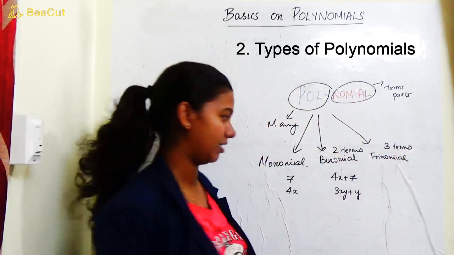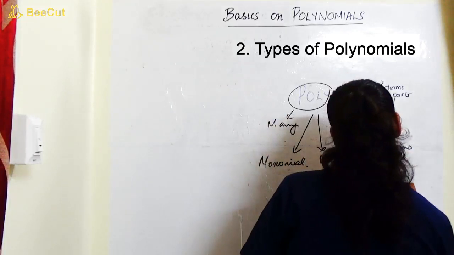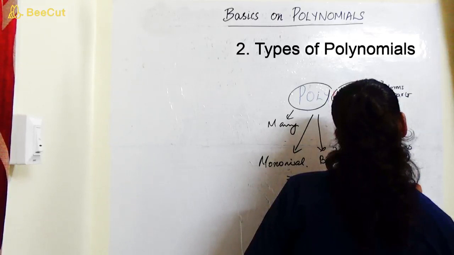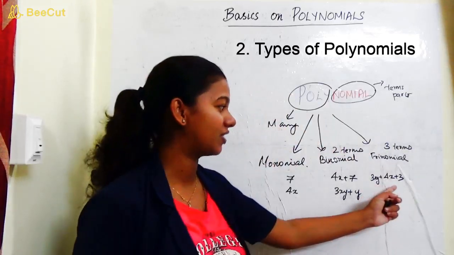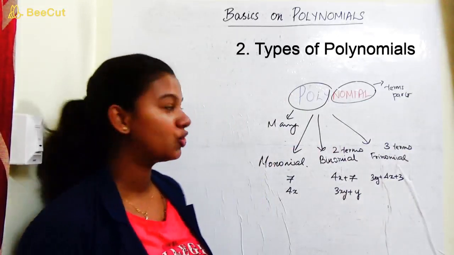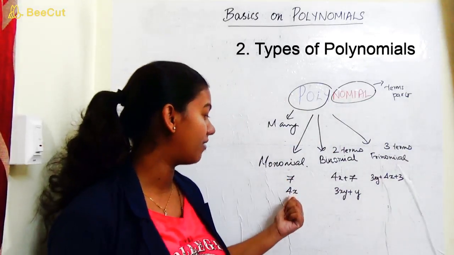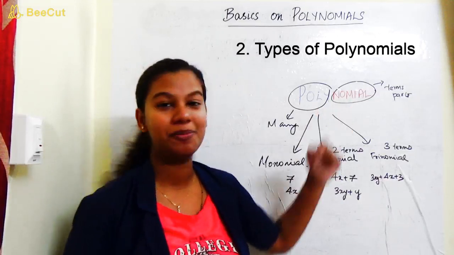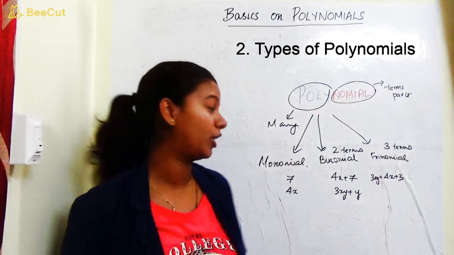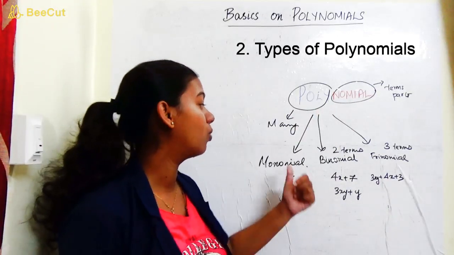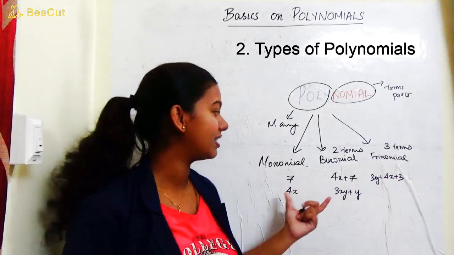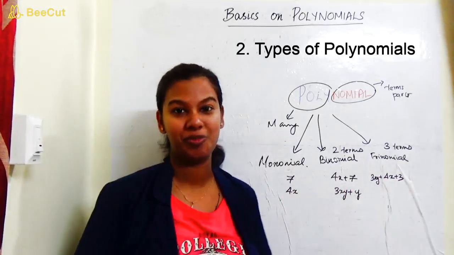Trinomial means three terms. For example, 3xy plus 4x plus 3 has three terms. So even though it has a single term, we still call it a polynomial. The main definition of a polynomial is that it will have one or more terms. So these are the different types of polynomials.